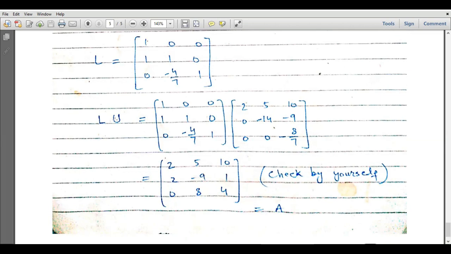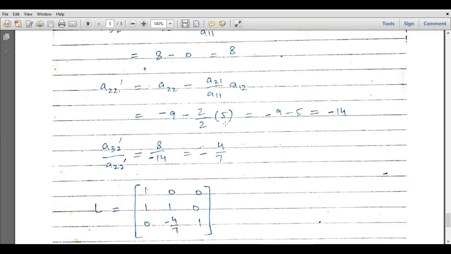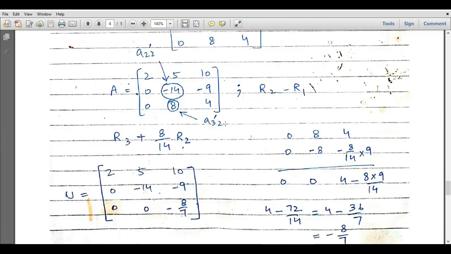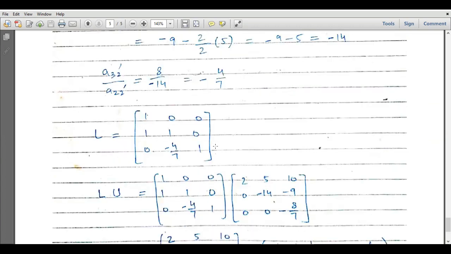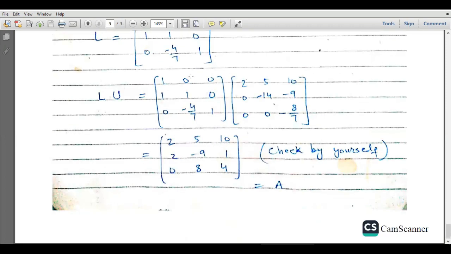The product of the L and U matrices must be equal to our original system matrix, which is our A matrix. If this product is equal to the system matrix, then our solution is correct. Otherwise, we have made some mistakes. You can check this multiplication by yourself, and at the end, you will see that you get the same system matrix.